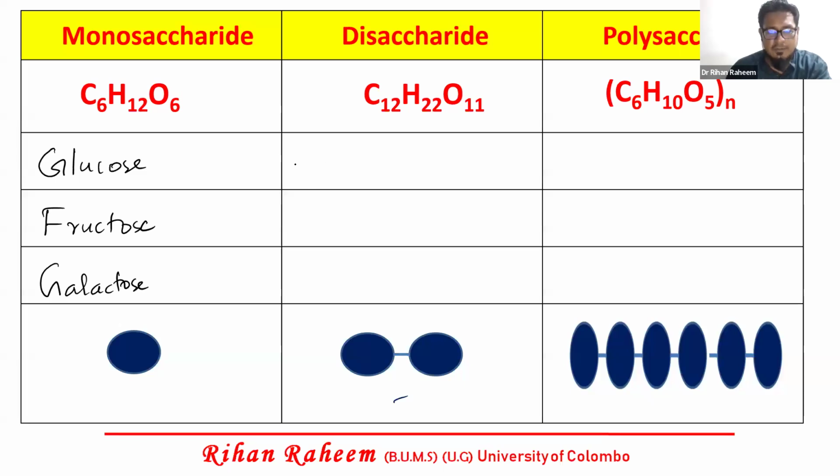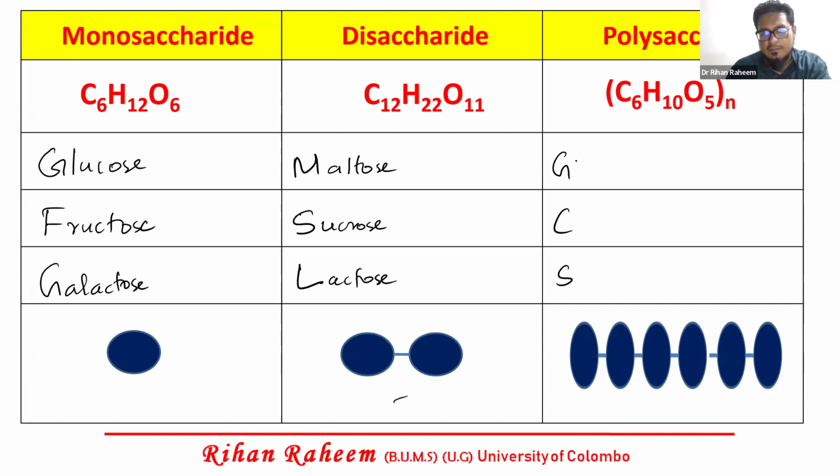G, F, G. Next one, M, S, L. MSL is maltose, sucrose, and lactose. Polysaccharides, GCS: glycogen, cellulose, and starch.